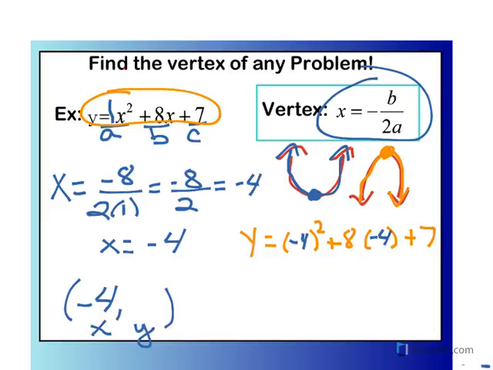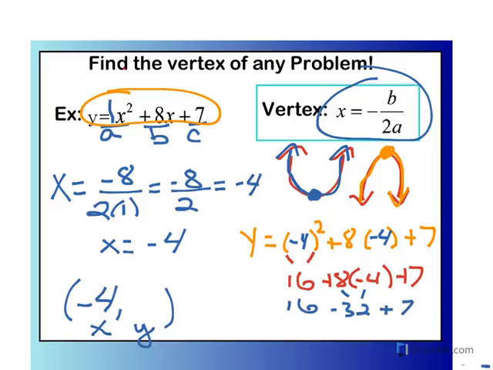Using order of operations, we are going to do exponents first. If we have two negative 4s, negative 4 times negative 4 is positive 16. We will then continue and multiply the 8 times the negative 4 next, which is negative 32. So we will have 16 minus 32 plus 7.